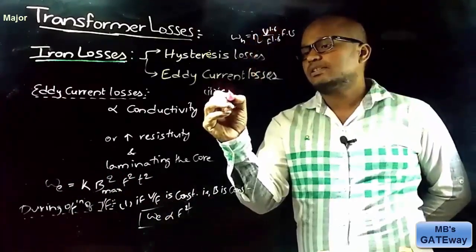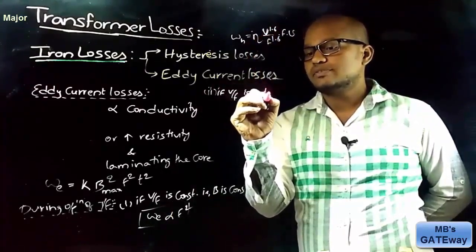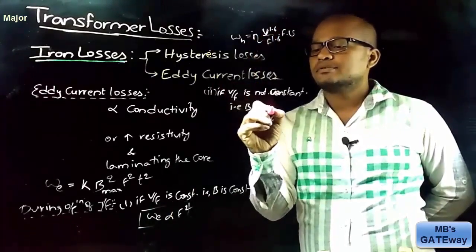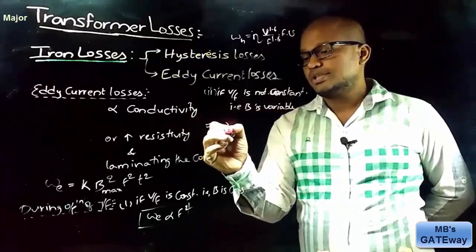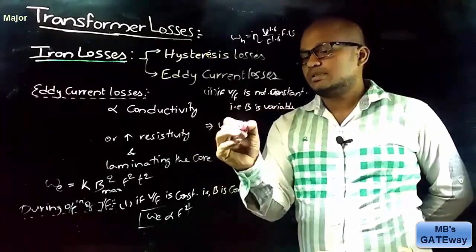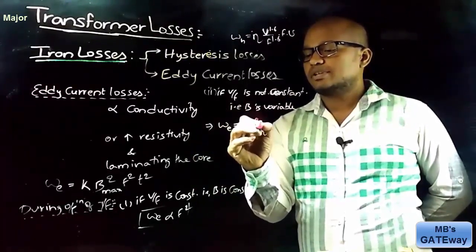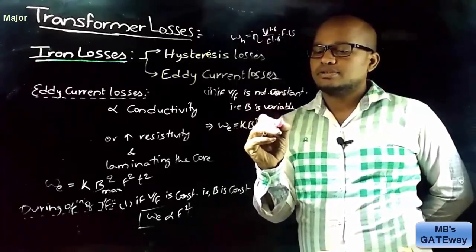And secondly, if the V by F ratio is not constant, that is variable, that is B is variable, which implies WE is equal to K into B max square F square into T square.